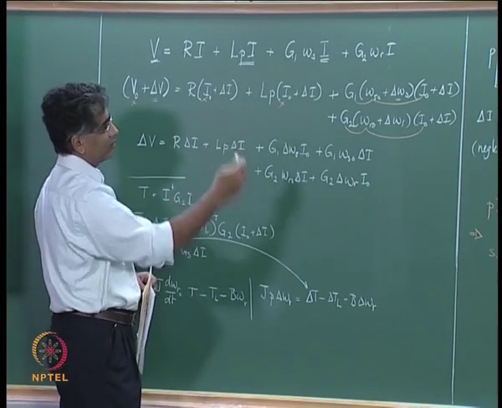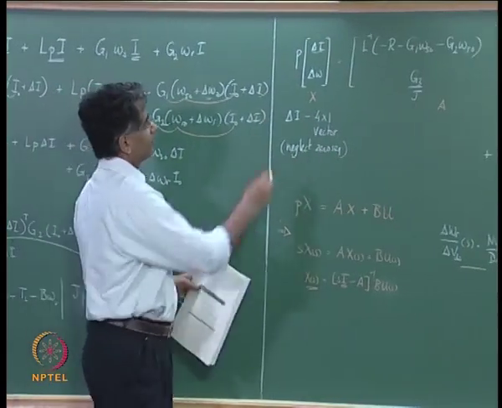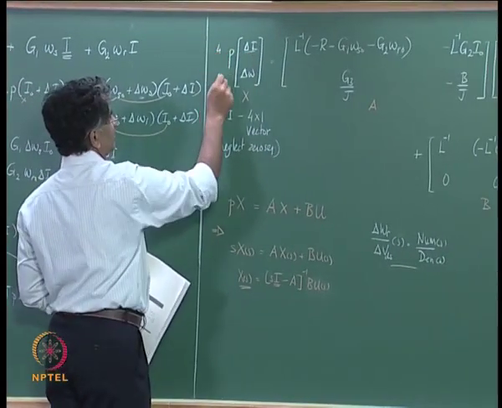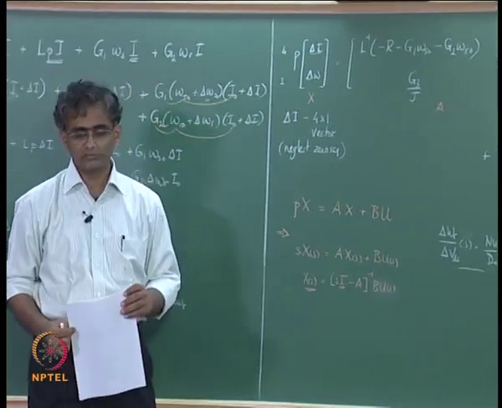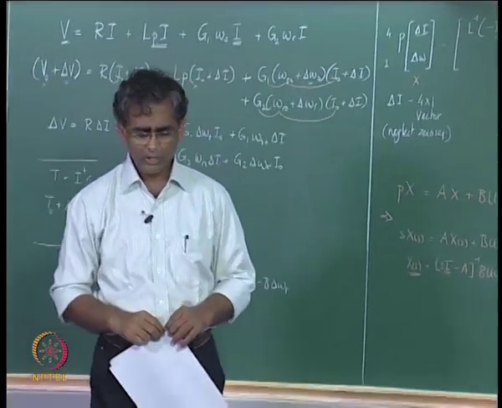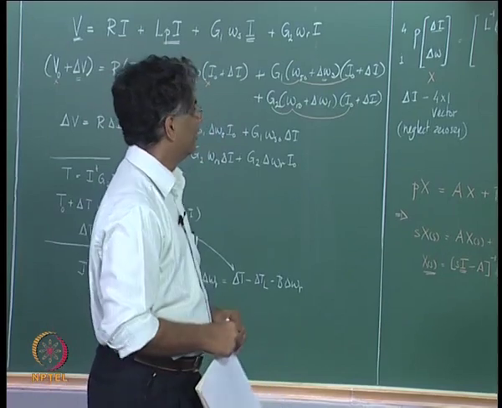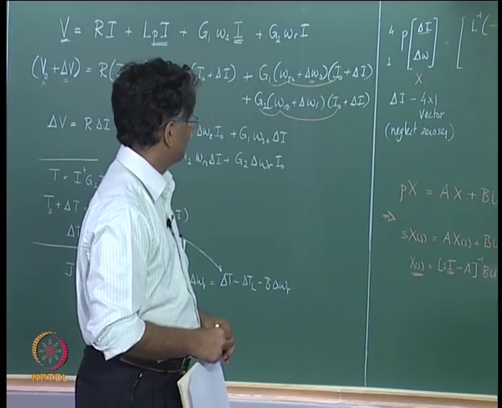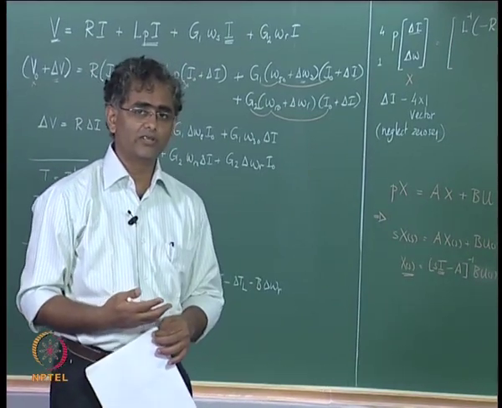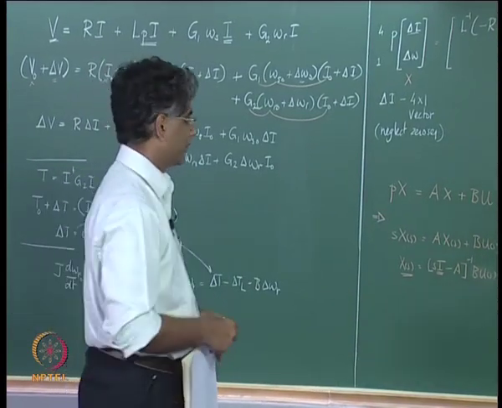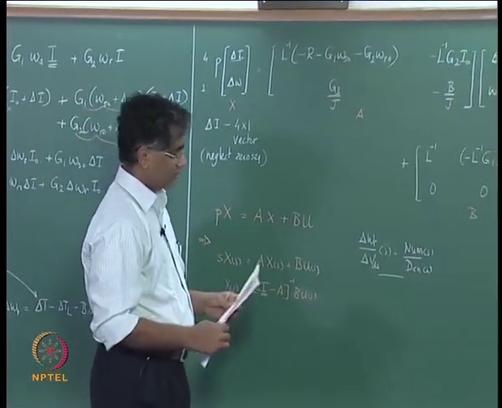Even if you neglect these terms, you have 4 variables here, you have 1 variable here, so it is a 5th order differential equation, and therefore it becomes fairly involved to design your closed loop controllers for this arrangement. So one can then do something to simplify these equations a little more. So how does one go about doing that? That is what we will see now.